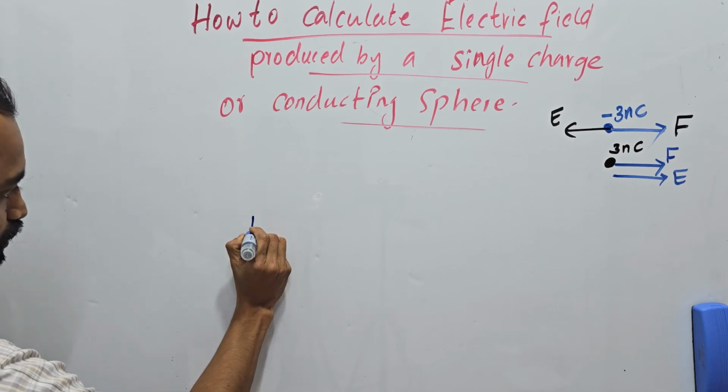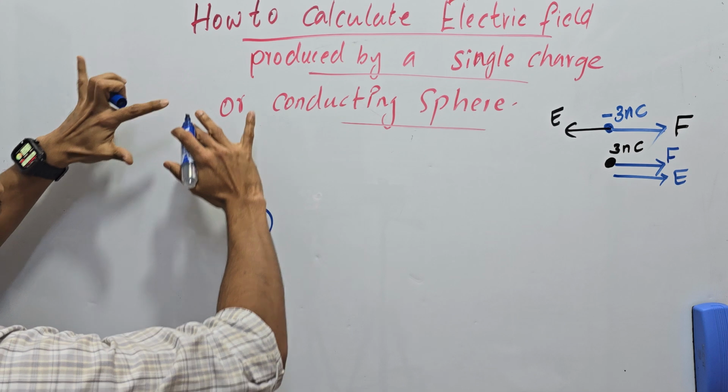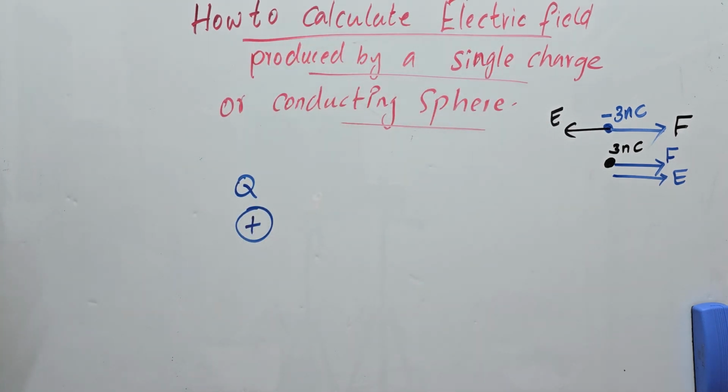Here we have a charge. This we will write Q. This charge is producing an electric field.